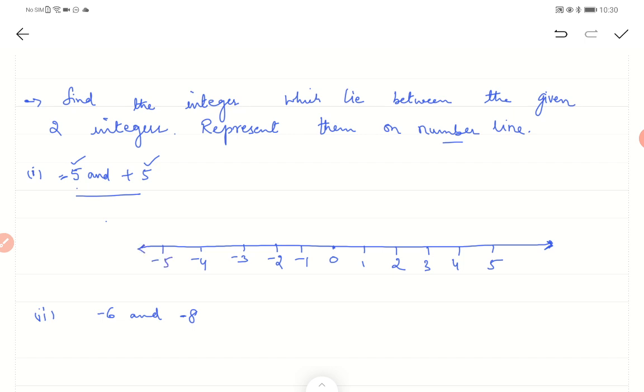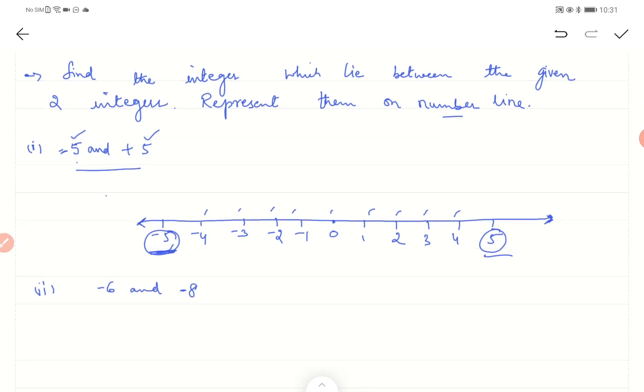So between your minus 5 and plus 5, you have all these integers: minus 4, minus 3, minus 2, minus 1, 0, 1, 2, 3 and 4 are the integers which lie between minus 5 and plus 5.